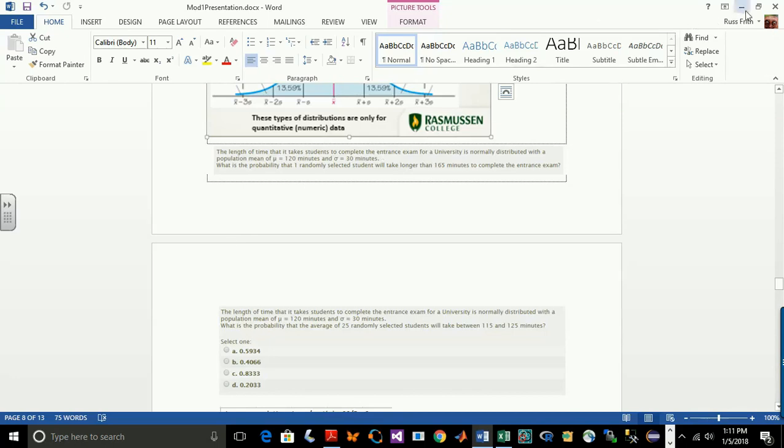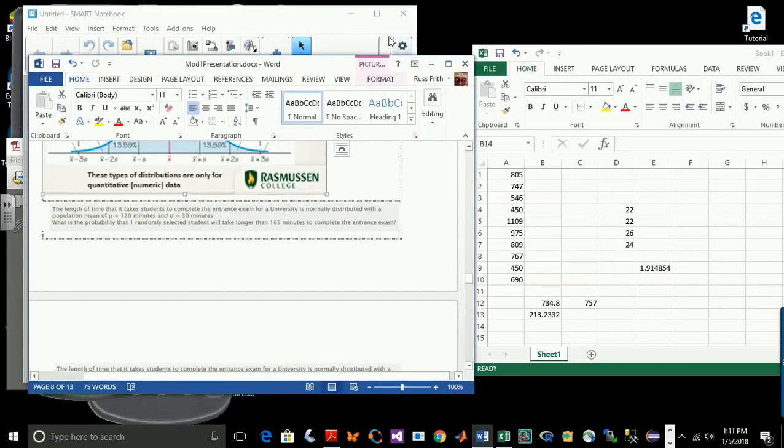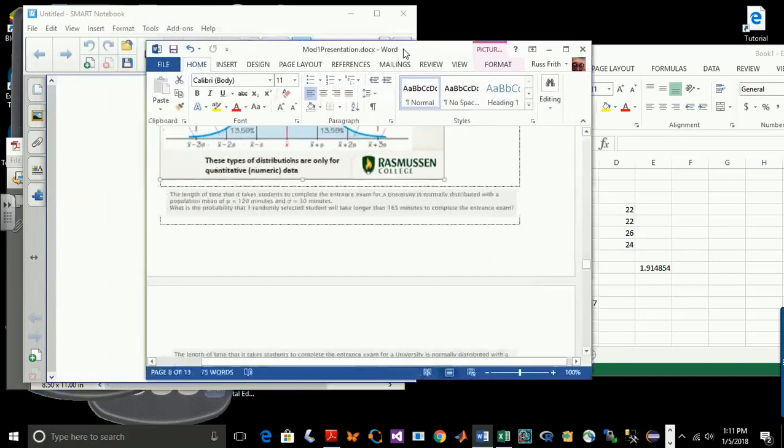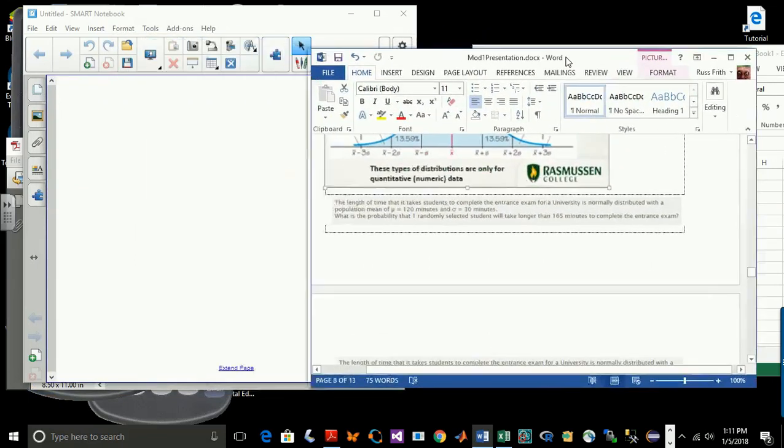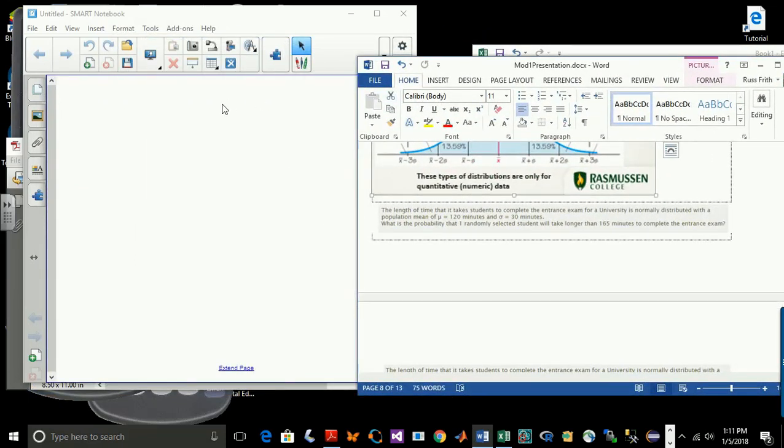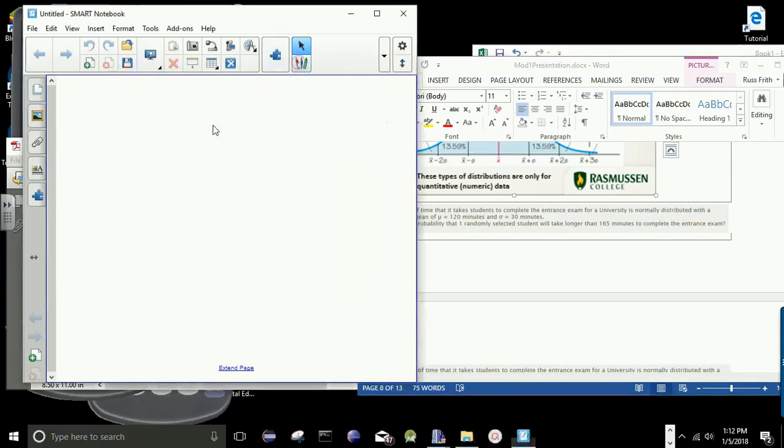All right, so to do this kind of problem, we'll need a couple of things. First of all, we need to parse the words, and the first key word in this problem is that the distribution is normally distributed. So you can start out by drawing a normal distribution curve, just any arbitrary bell-shaped curve where the peak value is centered.